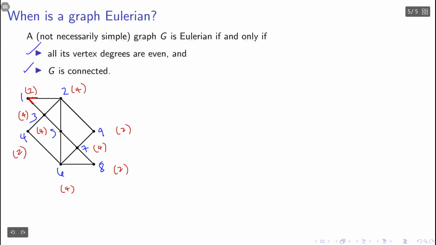The idea behind that result is the following. I'm not going to prove it here formally, but the idea is this even condition basically allows you to decompose G into what we call cycles.